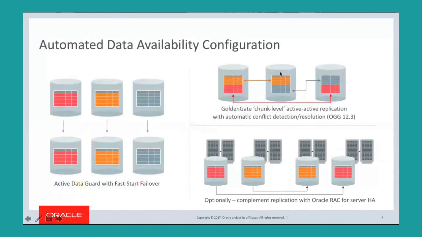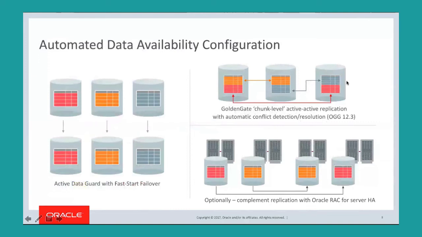So in this example, I have 3 shards. I have chunks of data shown in different colors. In this case, gray: the chunk is in shard 2 and its copy is in shard 3. Likewise, red is in shard 3 and its copy is in shard 1, and so on.